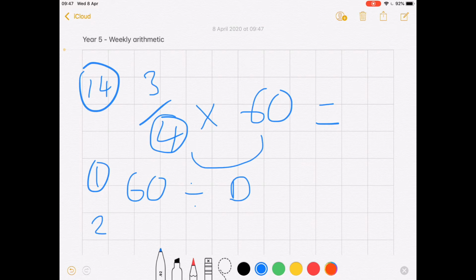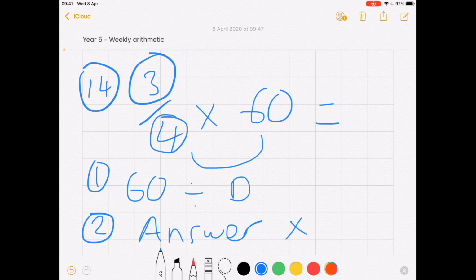And the second step is when you get your answer, you multiply by the numerator. So use this one to help you with question 14.